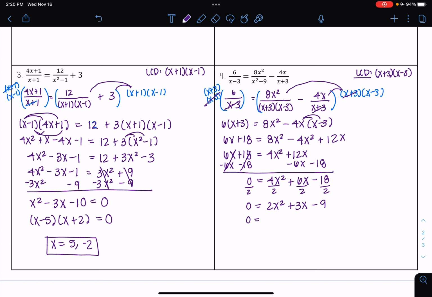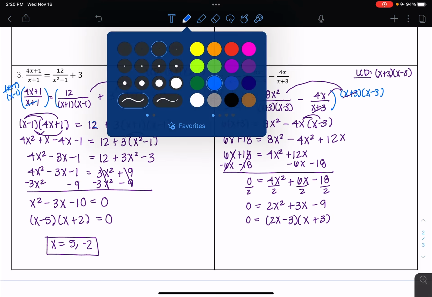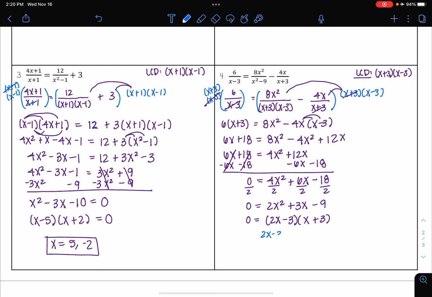But when you factor this, you should get 2x minus 3, x plus 3. And so you would set each of those equal to 0, and you get that x is equal to 3/2.